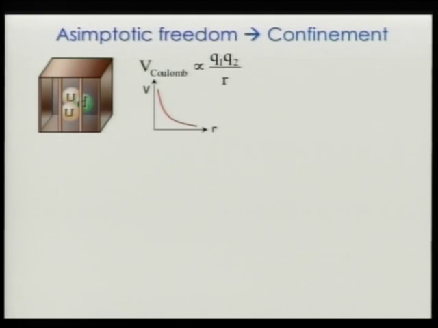So if you take the two charges at a longer distance, you see that the potential, the force, goes down, so you feel less strength of your force. This is clear. If you take two magnets, you feel a strong force when really close by, but if you take them a bit away, you see that your force is decreasing.